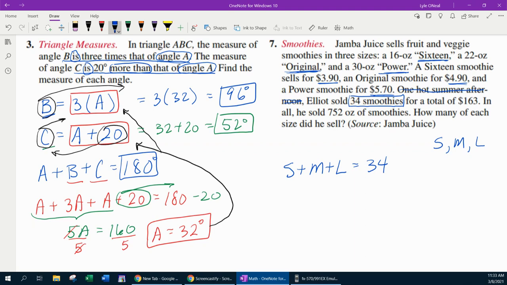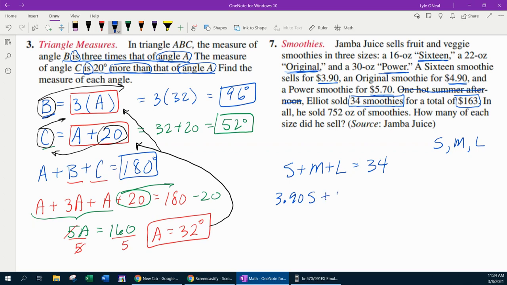That's the first equation. It says they sold for a total of $163. So then that's going to be the money equation. How much was a small? $3.90. So if I multiply the price of a small times how many smalls I sold, that'll give me the value I received from small sales.